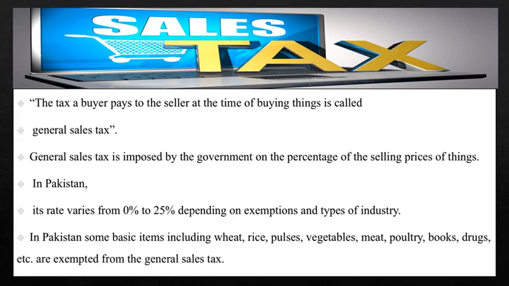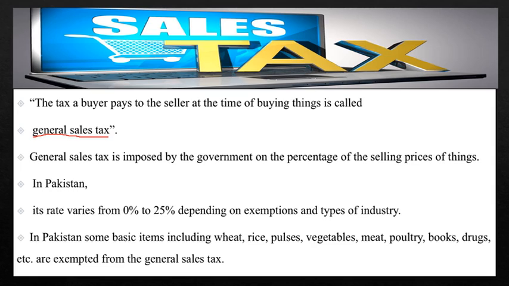The sale tax, type number 2. The tax a customer pays to the seller at the time of buying things is called general sales tax. Actually, general sale tax is imposed by the government on the percentage of selling price of things.